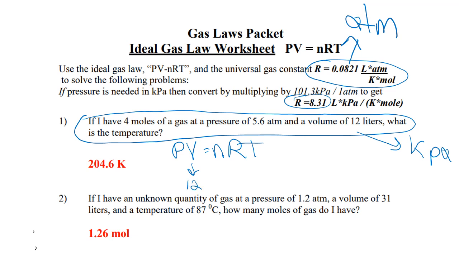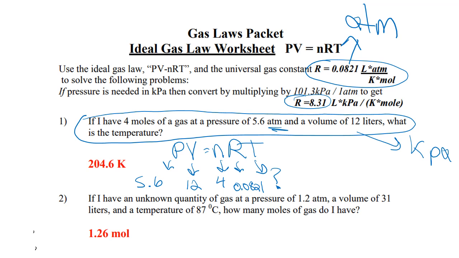Volume, we got 12 liters. Moles, we got 4. Pressure, we got 5.6. And what is its temperature? We do not know. And since pressure is in ATM, we're going to use 0.0821. So we have to find the temperature here.